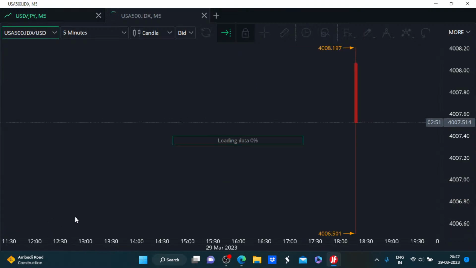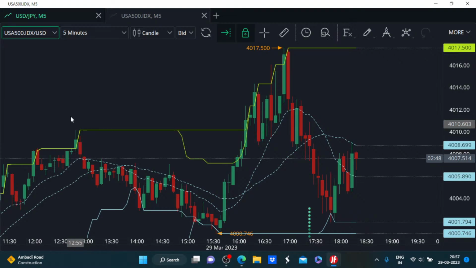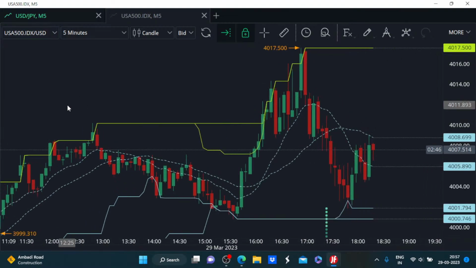Purely from the intraday perspective, there is not much clarity on the medium term, the swing trading side, so it is better to simply limit our outlook to today's intraday trading session.